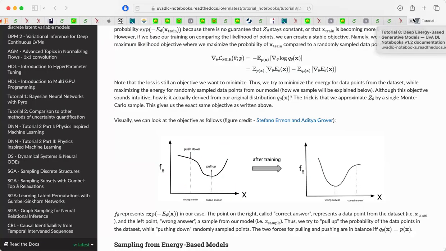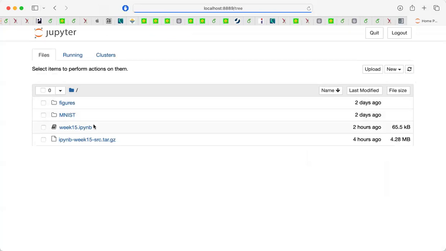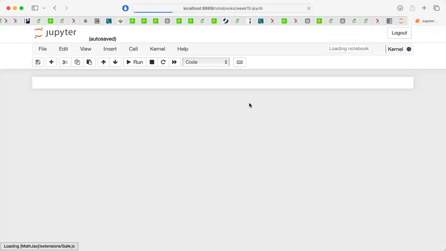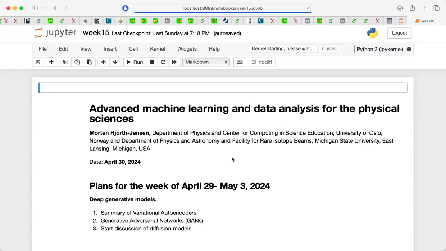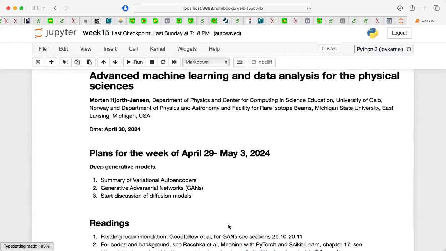This is my bad. Okay, so let's restart it. I actually started the Jupyter Notebook from a window which was not included here.